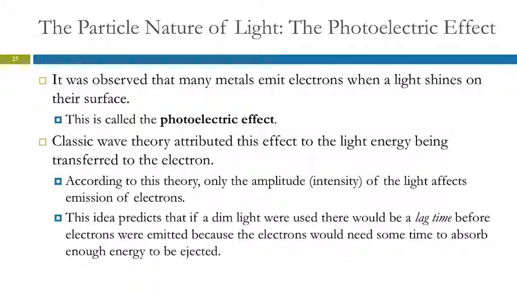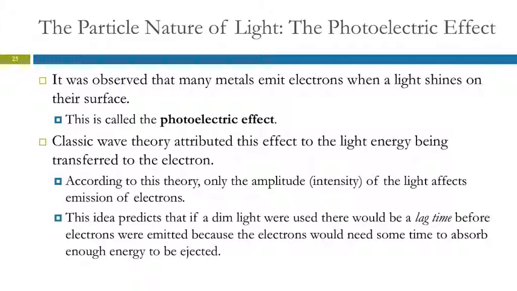So, light is a wave, but it was also determined to be a particle. The photoelectric effect is what's observed when you shine a light onto a piece of metal. Many metals will emit electrons when you shine a light on them.